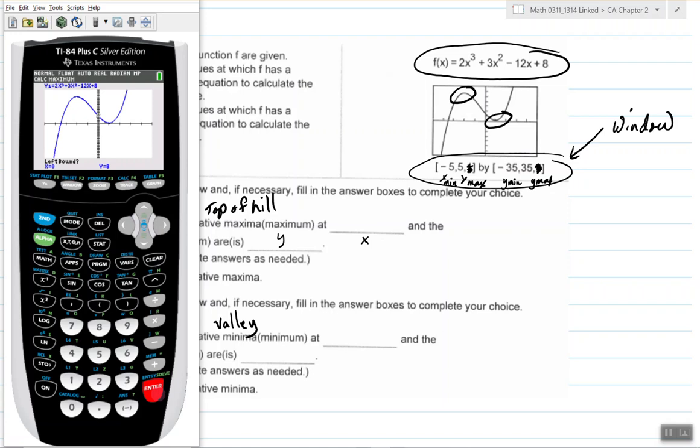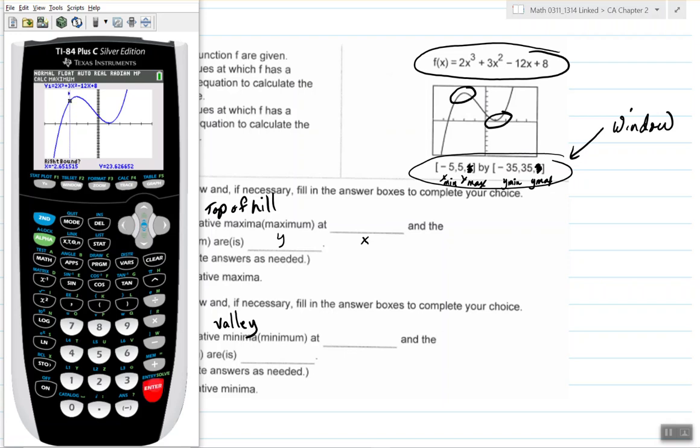What you have to do is sandwich the maximum. The maximum's right here. You need to put a marker on the left and a marker on the right. Let me show you. Use your left arrow key and it will move the marker, go past that maximum till you're on the left side of it. I don't care how far, but on the left side.